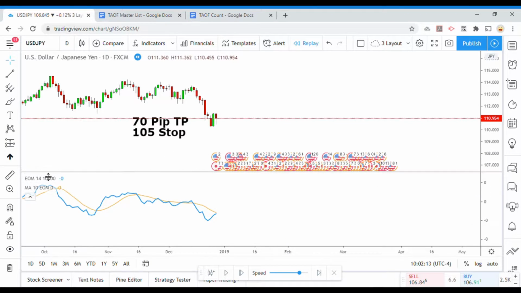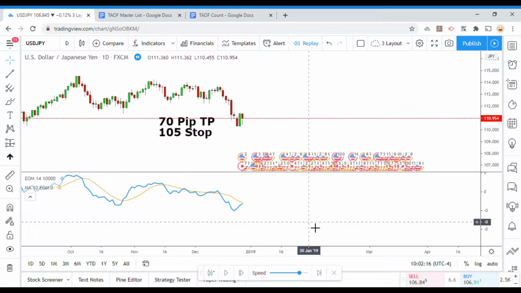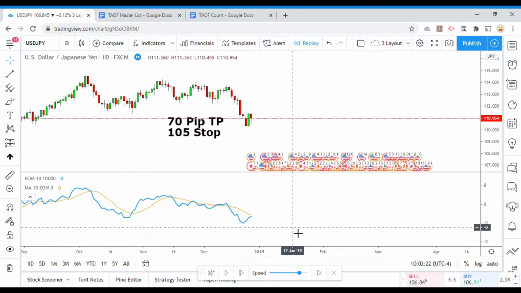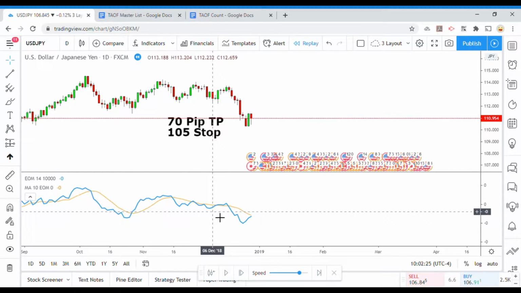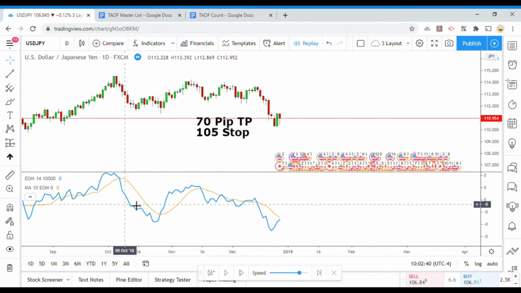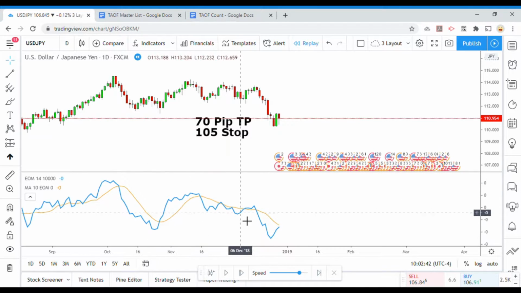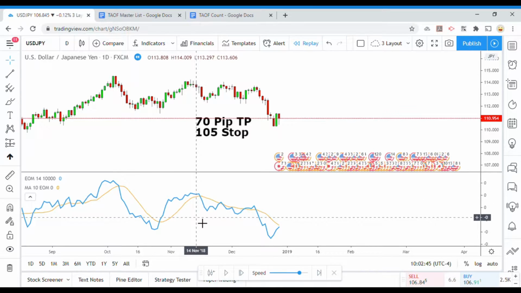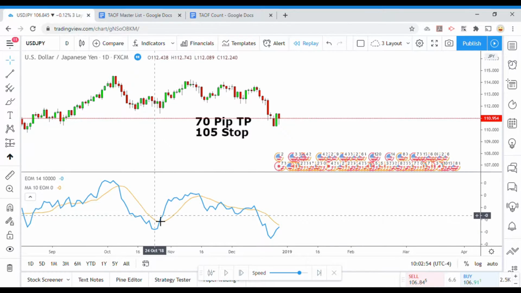Alright, as I said, we are going to test the ease of movement indicator. It is a single line oscillator. It is a volume-based oscillator designed to measure the relationship between price and volume and display that relationship as an oscillating line. The light blue line here is the ease of movement. Because it is a single line oscillator, like we have done with quite a few other indicators, we have added a moving average to it.